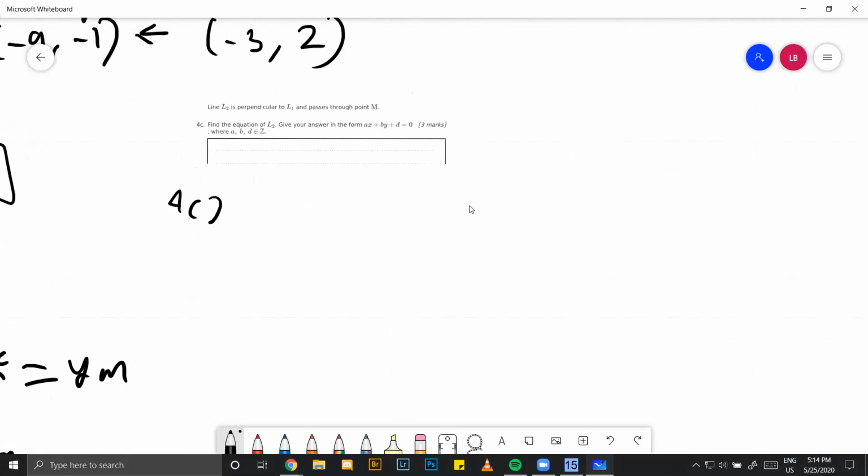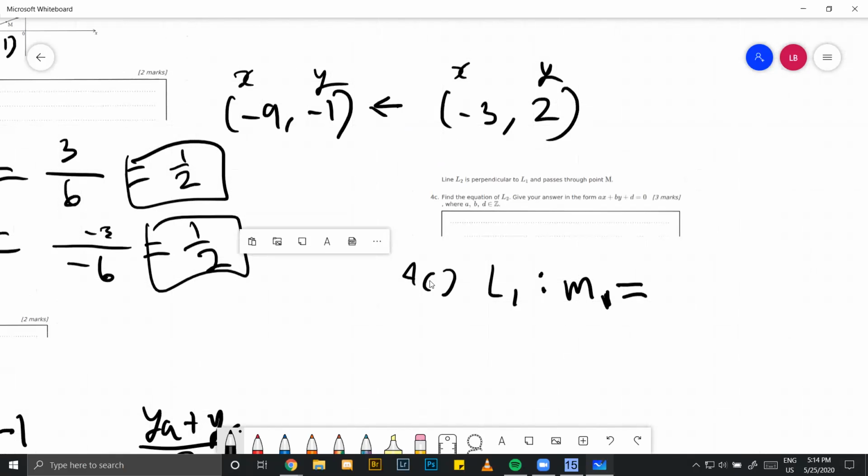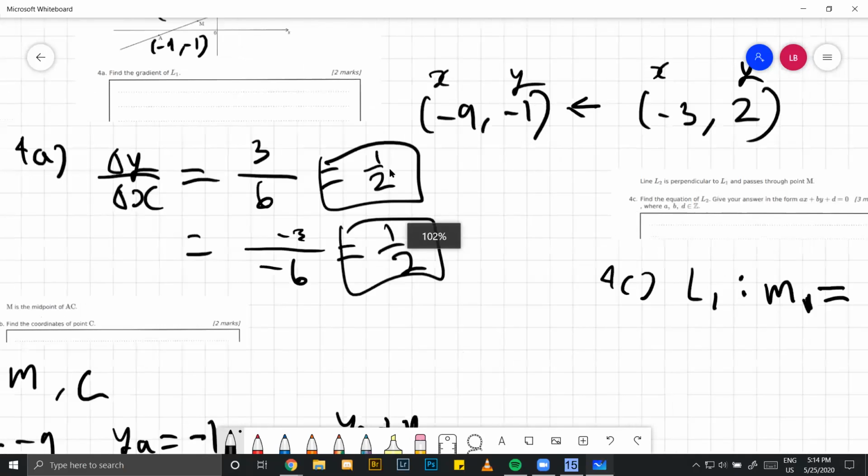For part C, line L2 is perpendicular to line L1 and passes through point M. Right off the bat, L1 has a slope M1, which we came up with earlier: line 1 has a slope of half.